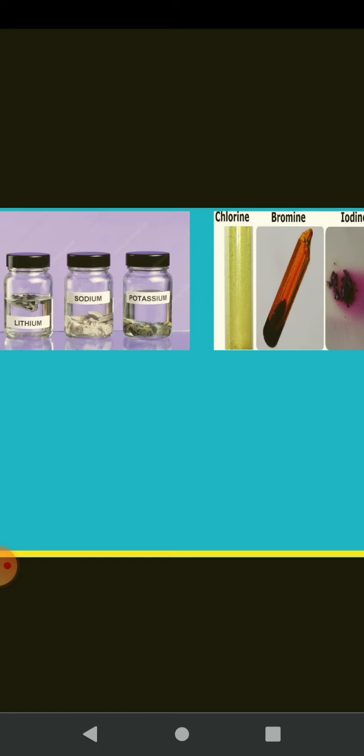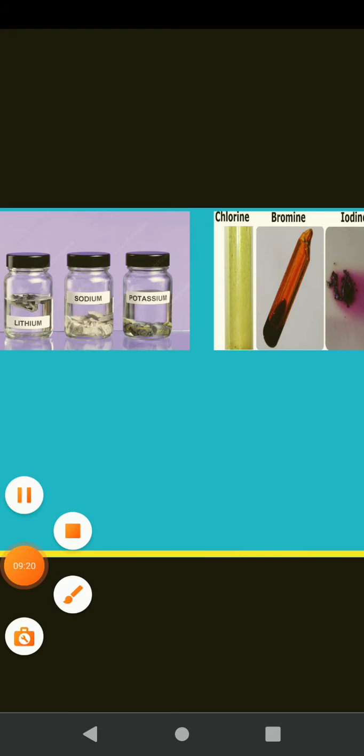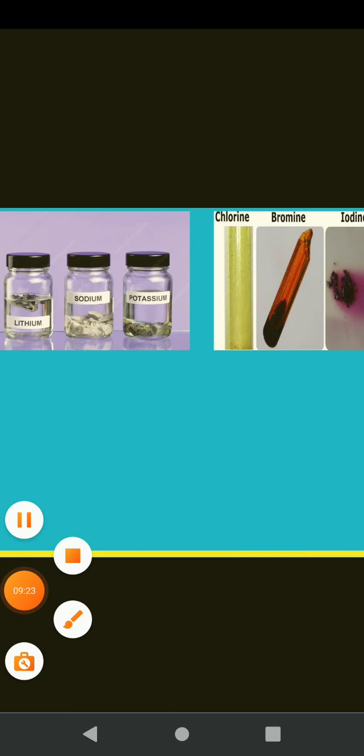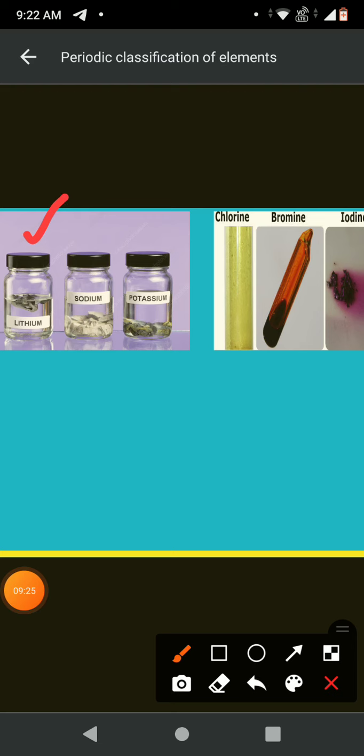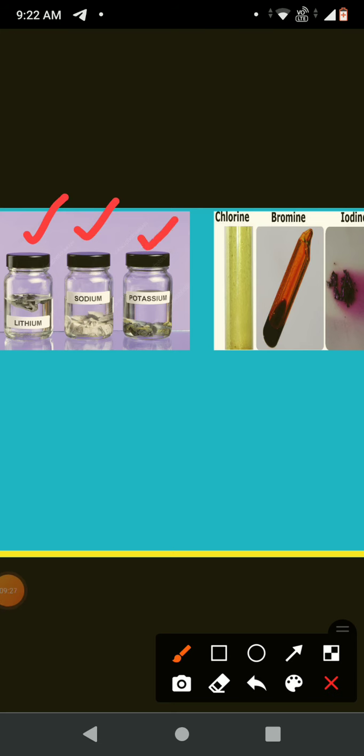After making the groups of 3 elements, here you can see in this picture, you will be able to understand the exact appearance of the elements. On the left hand side, this is lithium, sodium, potassium. These are the 3 elements which show similar properties, so he made one group of them.